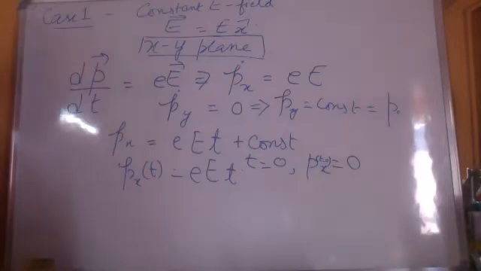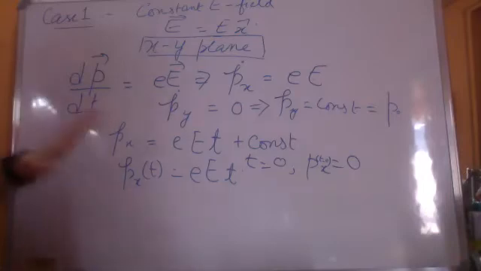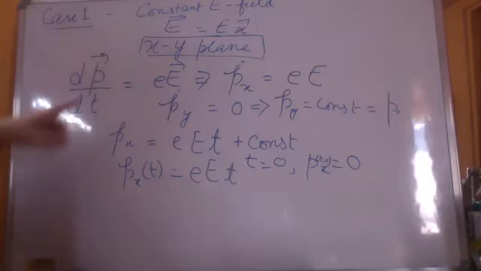Now, what is the aim? What are we interested in? What am I going to do with all these equations? My interest is to solve the equation of motion. The idea every time is to solve the equation of motion and get the trajectory of the particle.